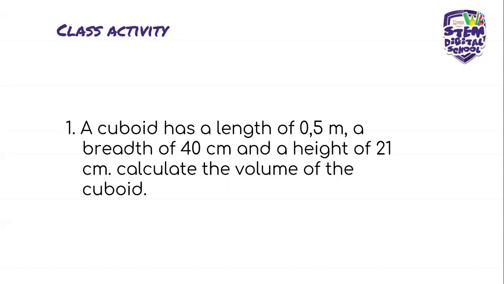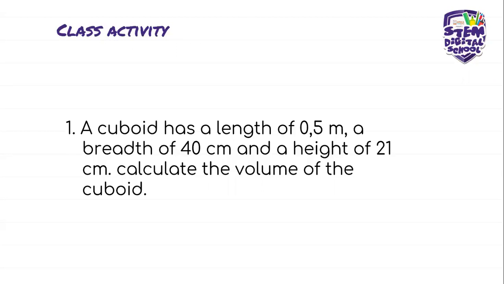So if you multiply that together, you get 42,000 cubic centimeters. Remember, first things first, you convert. Before you can even go forth, you simply have to convert your meters.